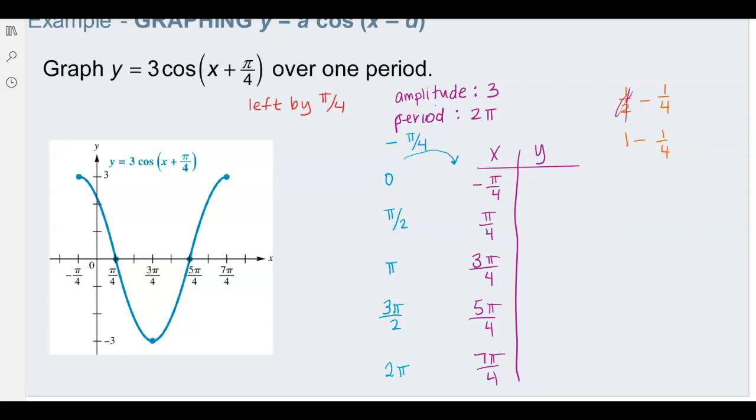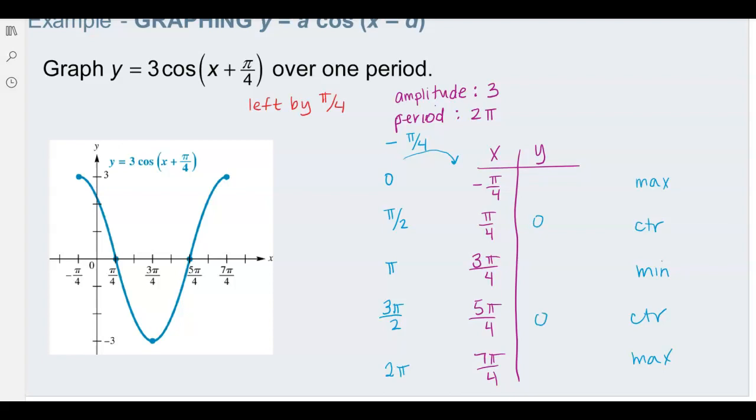To get the y values, we're going to think about cosine. The pattern that cosine follows is starting at the max, going to the center, min, center, max. The center is going to be at 0.